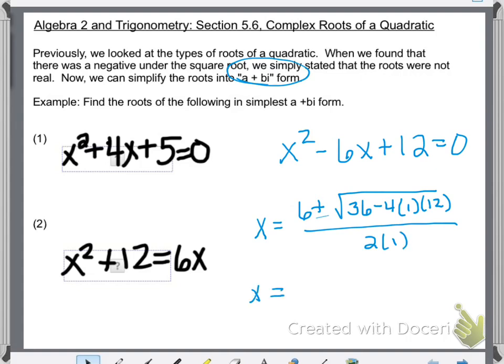So we have 36 minus 48. So 36 minus 48 is negative 12.